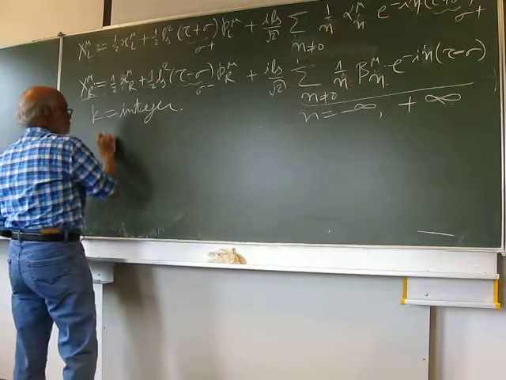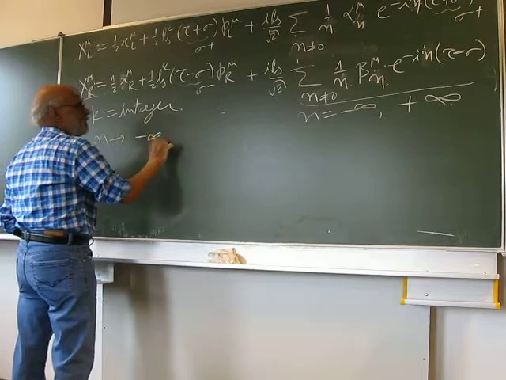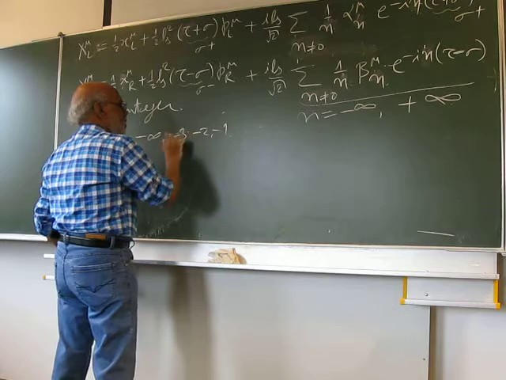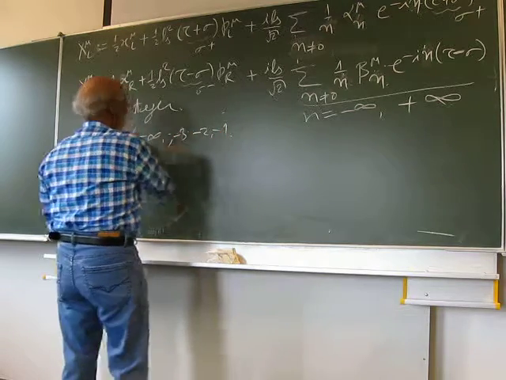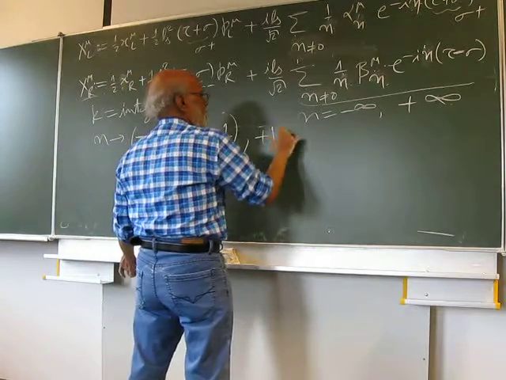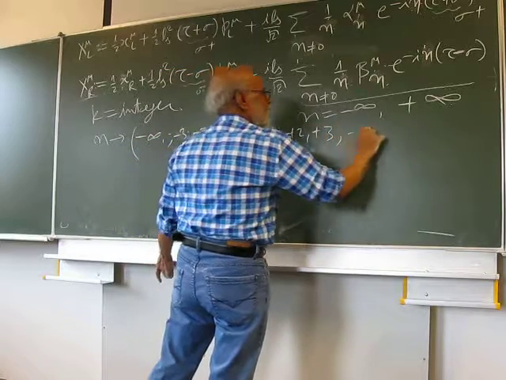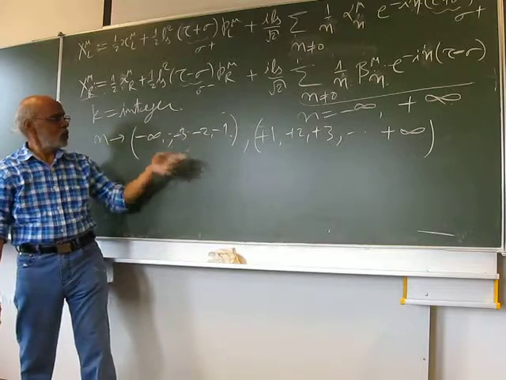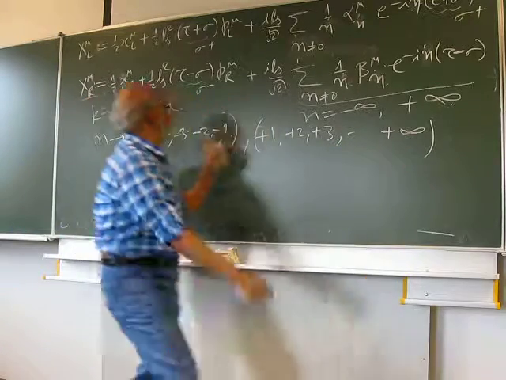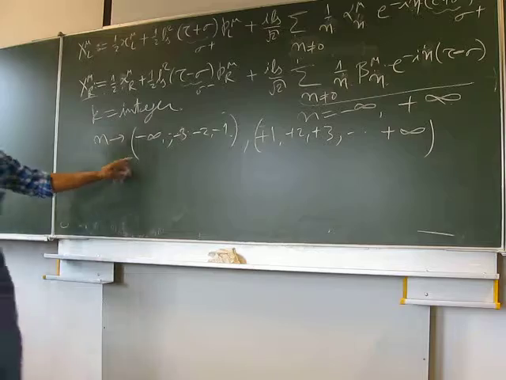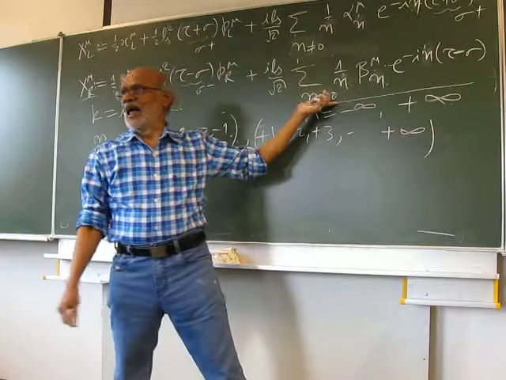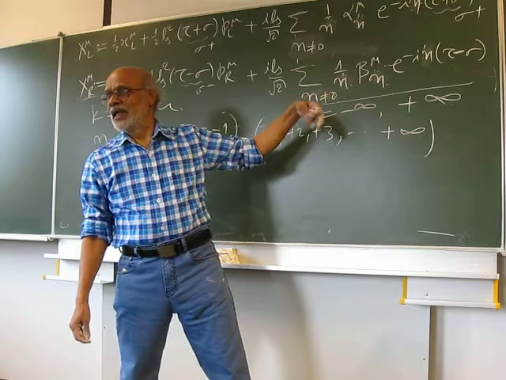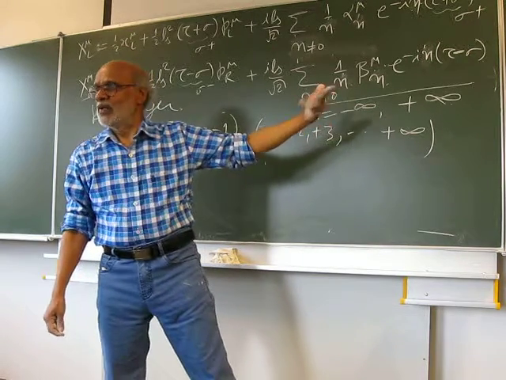It means for my n I would have minus infinity, minus 3, minus 2, minus 1, and then plus 1, plus 2, plus 3. So the sum goes from here to here, also from here to here, but at the moment I am excluding the term n equals 0, but I would include it shortly, and at some places you can include it.